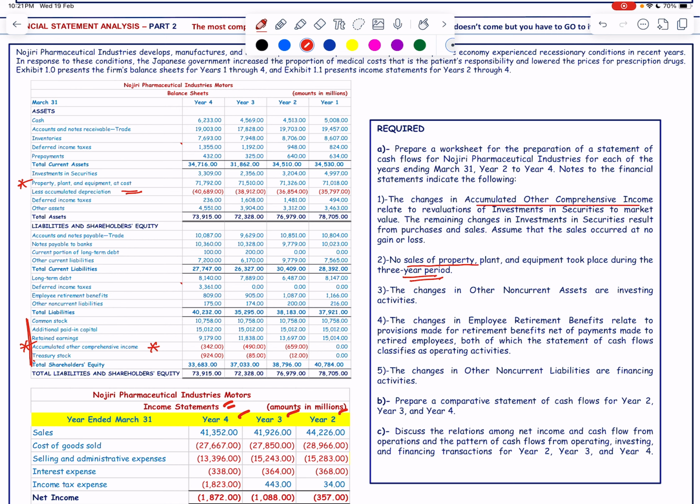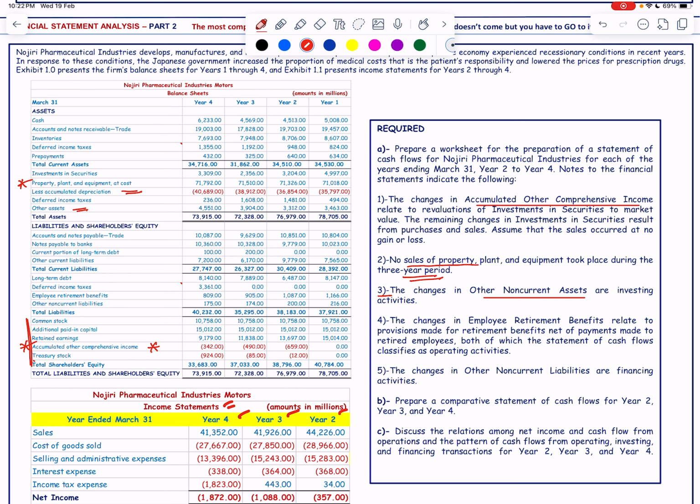Then we go to number 3, the changes in other non-current assets. So we can see we have the other assets over here. When preparing the cash flow statement, the changes in the non-current assets are going to be treated as part of the investing activities, because these assets typically involve long-term investments.